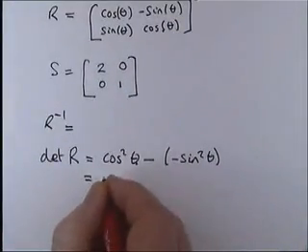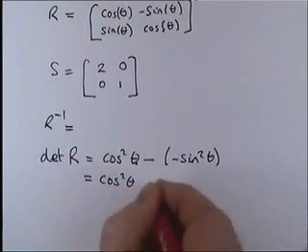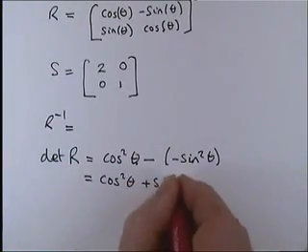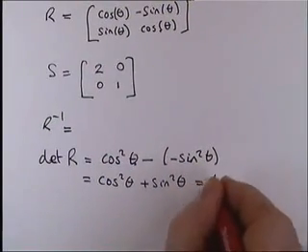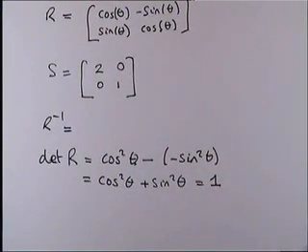So the determinant of R is cos squared theta plus sine squared theta, which is equal to 1, which you've learned in Core 2.